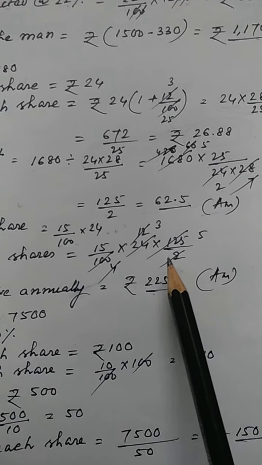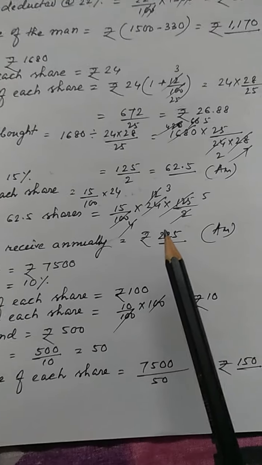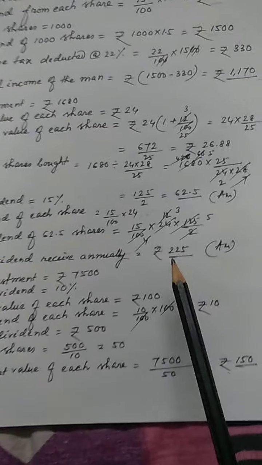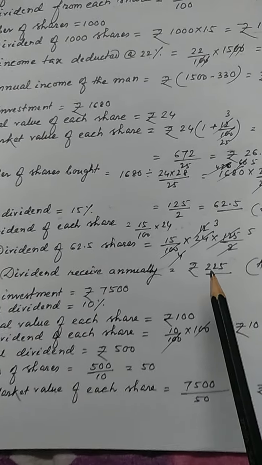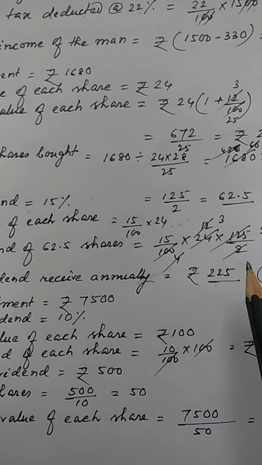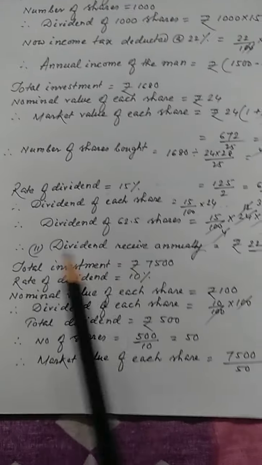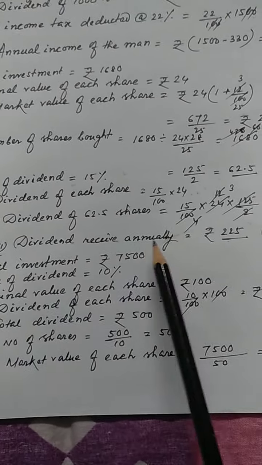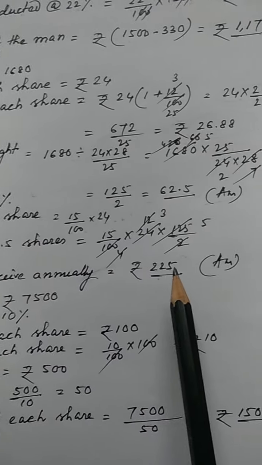Okay, so solving this, it's coming 225. So rupees 225 is total dividend, that is on 62.5 shares. So dividend received annually, that is rupees 225.